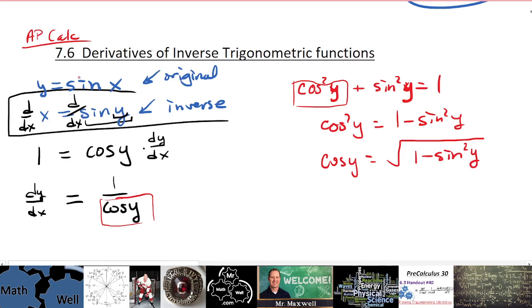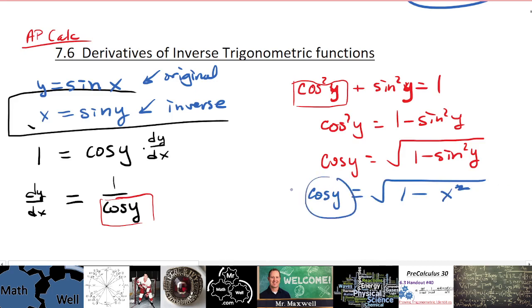If you go back to the beginning, sine of y actually just equals x. So I'm going to rewrite this as cos y equals the square root of 1 minus x squared. That's what cos y is. And now, to express my derivative of this inverse function, I can write this as 1 over the square root of 1 minus x squared.